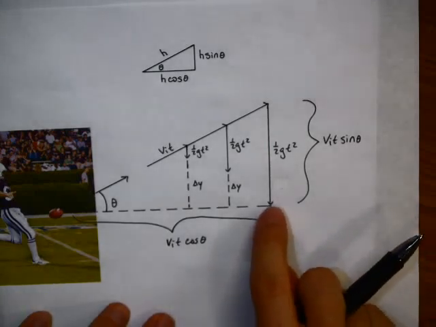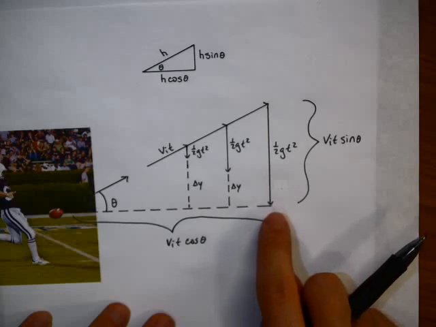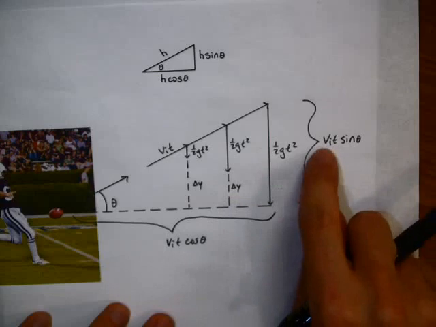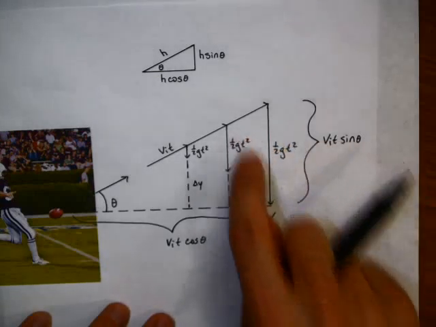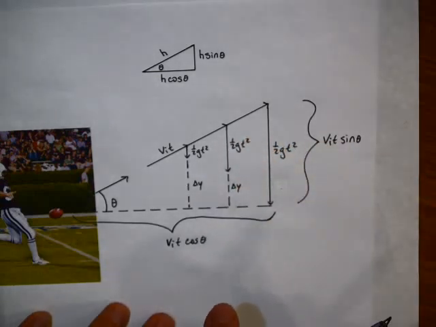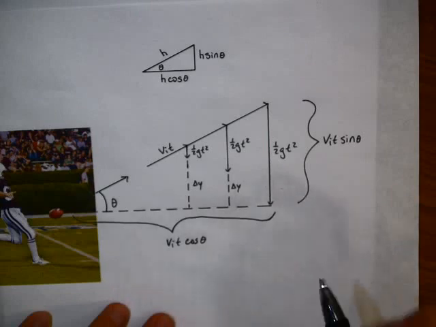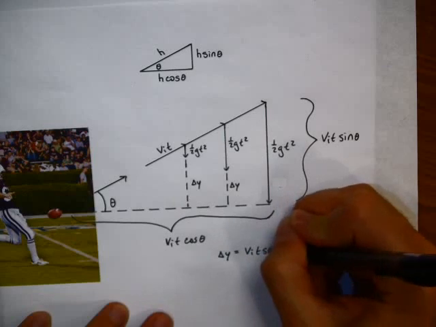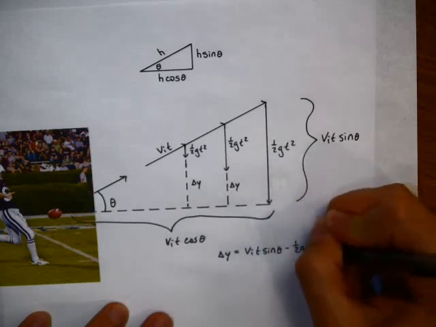And you can see if the object hasn't yet landed, and technically even if it has, delta y is equal to VIt sine theta minus 1/2 gt squared. Delta y equals VIt sine theta minus 1/2 gt squared.